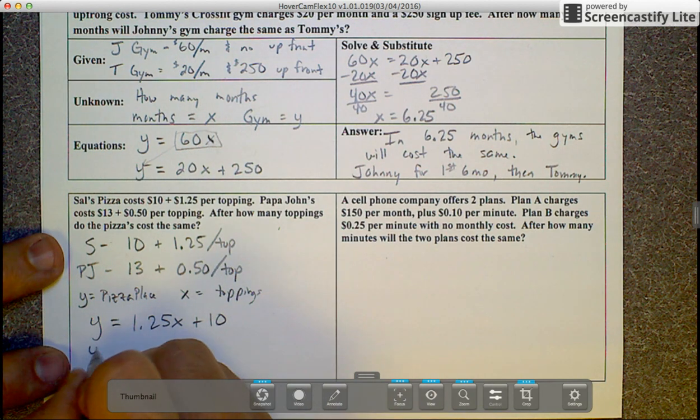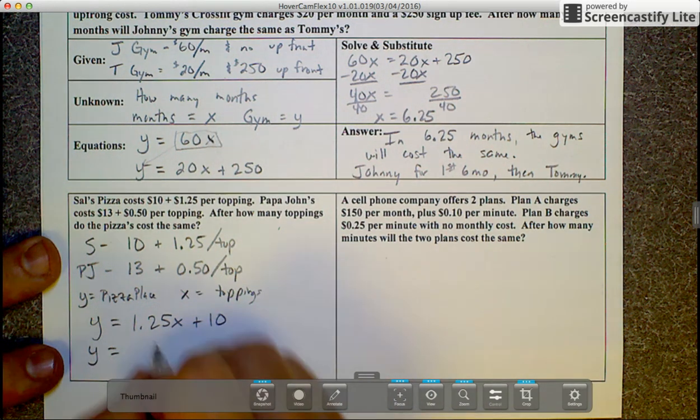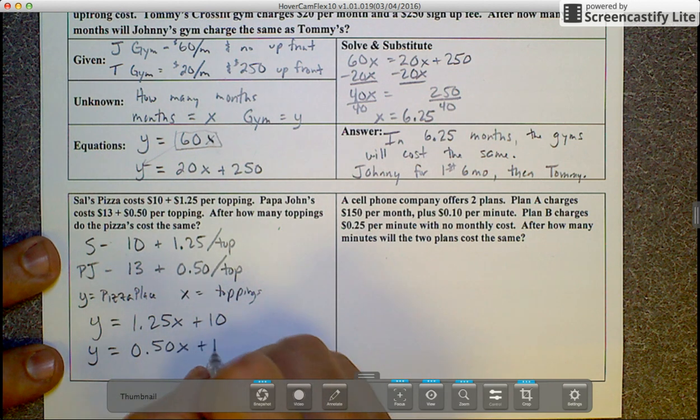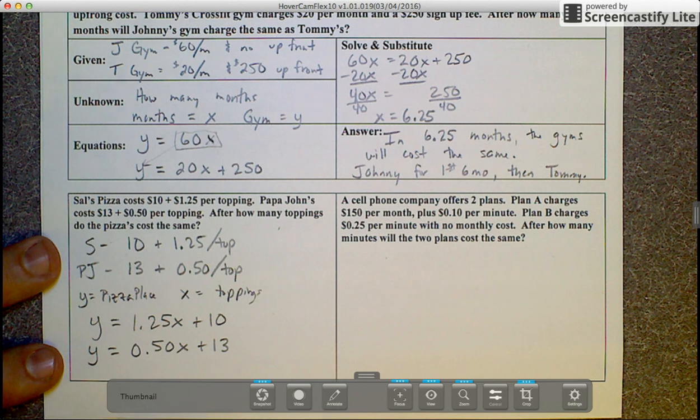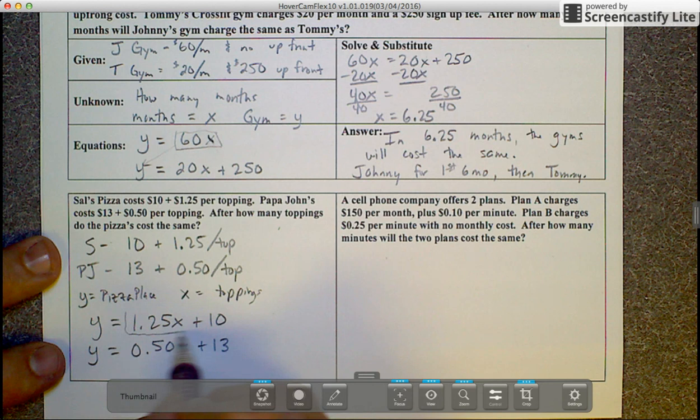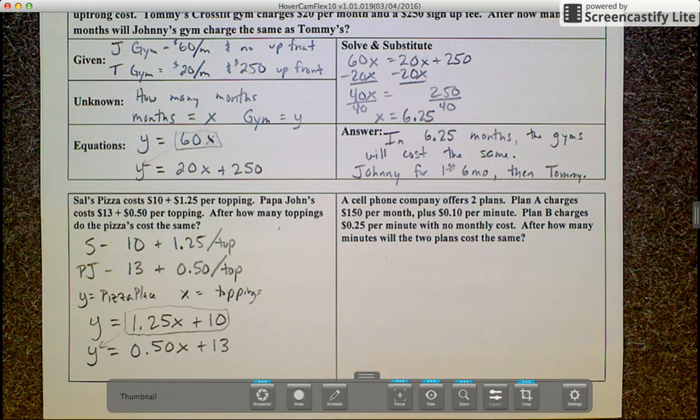And our second pizza place is going to be equal to 0.50x plus 13. And again, they're both set up very nicely for substitution. So we're going to take this piece, substitute it over there, and then figure out.